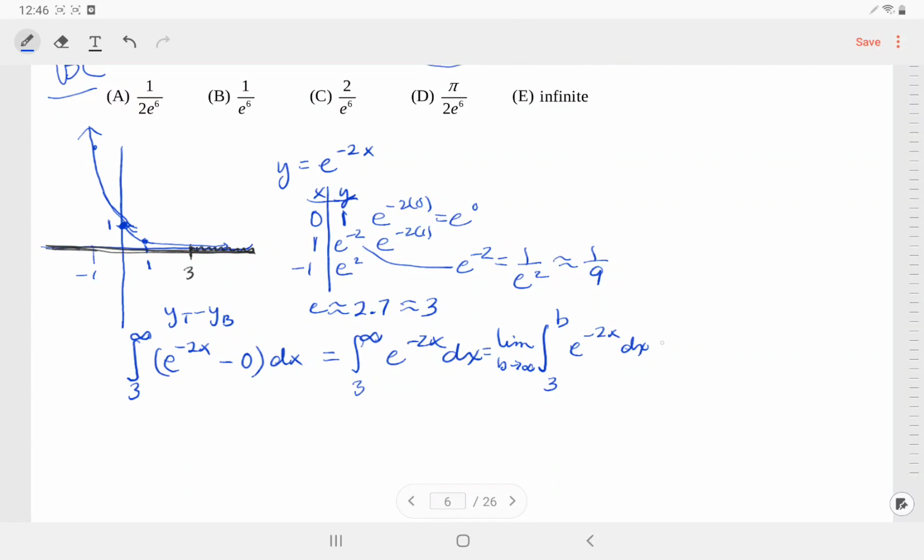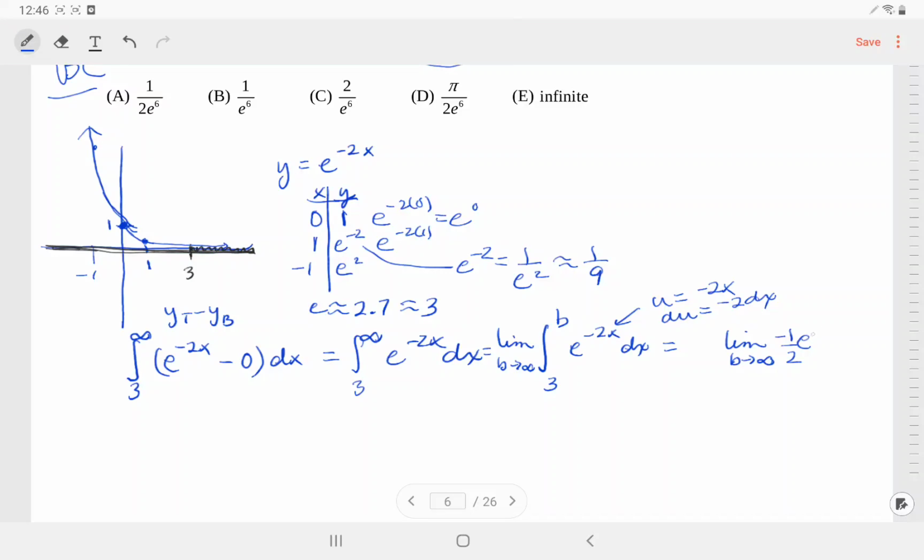Okay, so for the antiderivative of that, you can do u-substitution if you want. But since the du is a constant, you can just put negative 1 over that number in the front. You can take it out of the limit if you want; limits go in and out of these things. I think I'm going to keep it in actually, because it looks too strange to take it out of the limit.